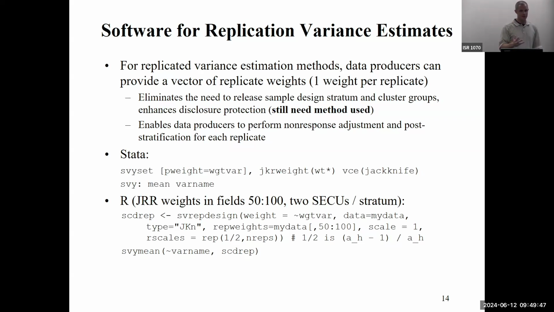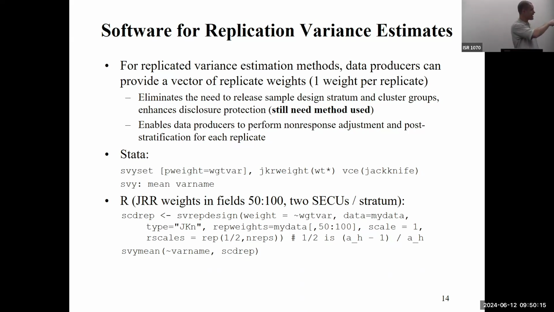That's again the data producer being friendly and making it easy for you to specify those replicate weights to the software. If those 100 replicate weights all have different names and different numbers, that's very mean on the part of the data producer, because what you would have to do as a data user is literally type all 100 of those names as the set of replicate weights you want to use.